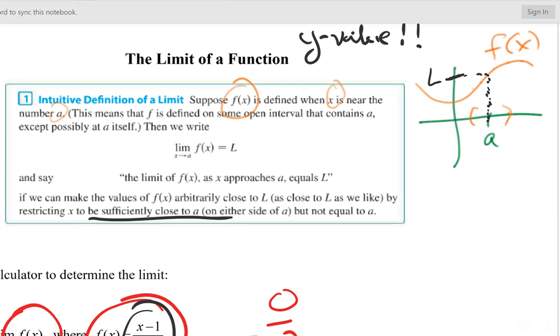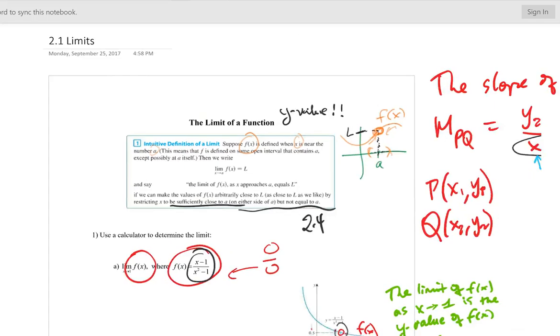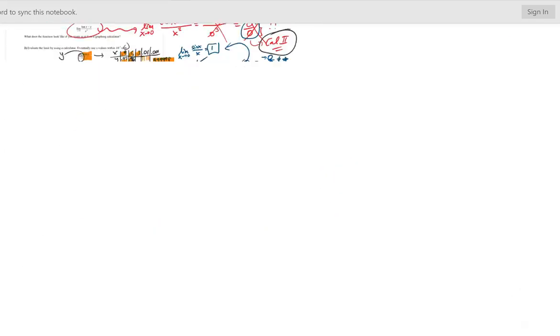All right, we're going to get to this concept a little later in 2.4, but the idea is that in a little interval around a, you can get closer and closer to a without actually getting to a, and your value of your function is going to be L. Now, this could be some open dot here. f of x doesn't have to exist at a, but the limiting value will still be L, okay?